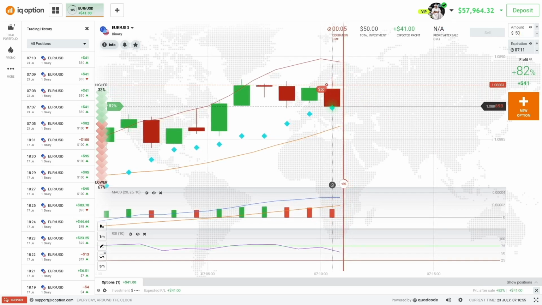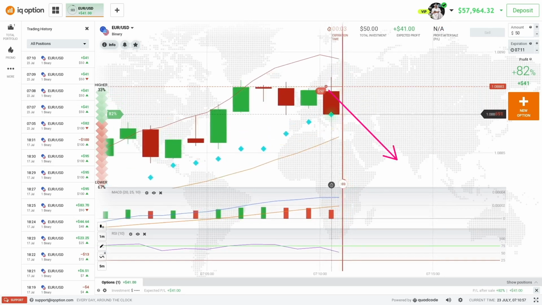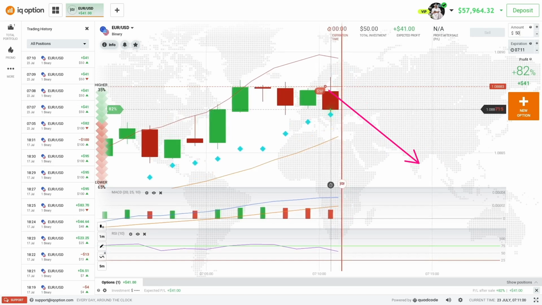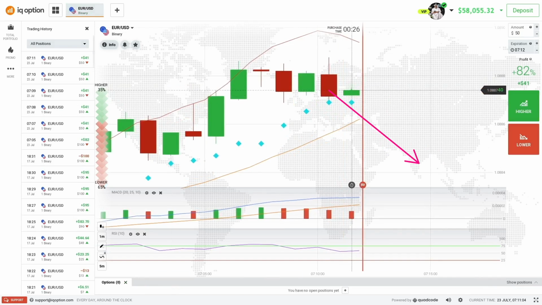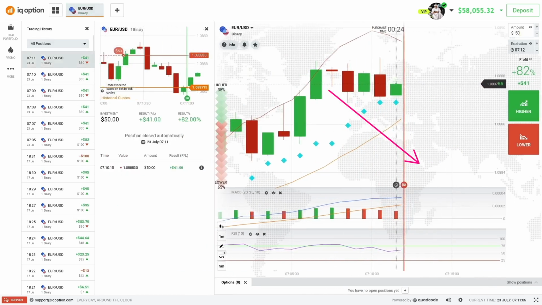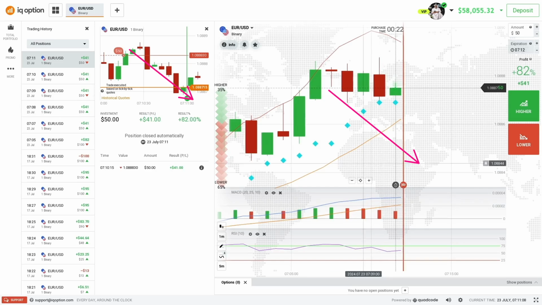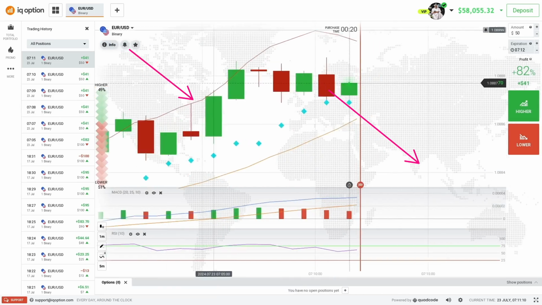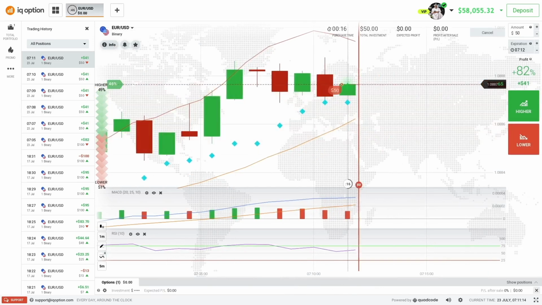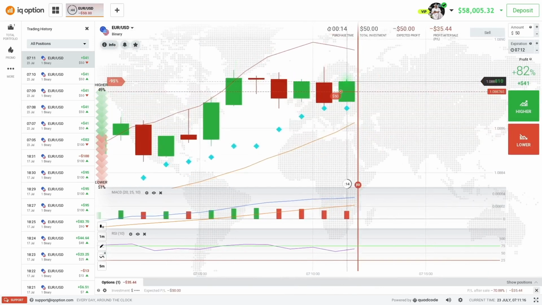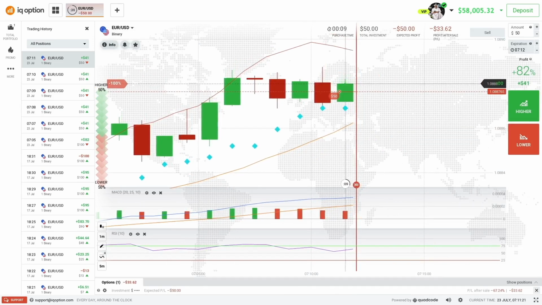I guess we will start seeing some red candles. Sellers are getting stronger. So let's see. Yeah, as predicted, we will see a clear downtrend from this point on. So let's keep trading down.